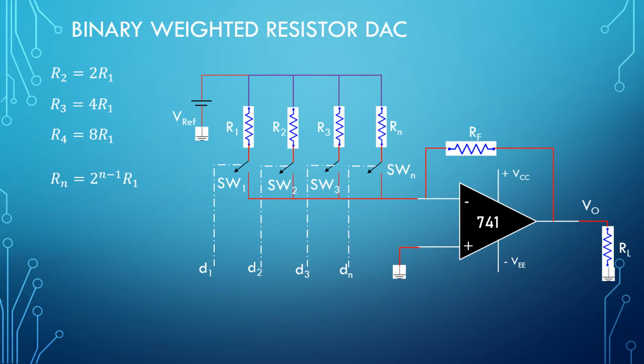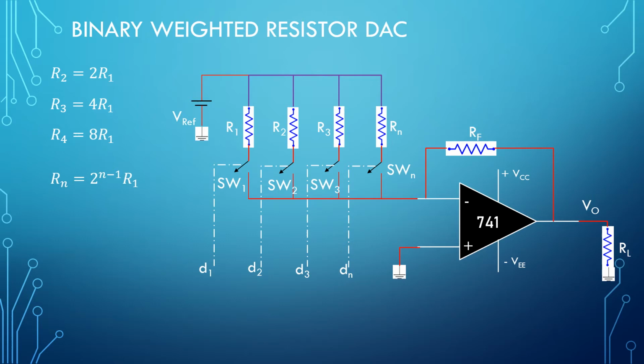If we go back to the previous weighted resistor DAC, we had used the resistance R1 as 5 kilo ohm. The resistance R2 was used as 10 kilo ohm and R3 was used as 20 kilo ohms. If we consider R1 as 5 kilo ohm, the resistance R2 is 2 times that of 5 kilo ohms, which was 10 kilo ohms.